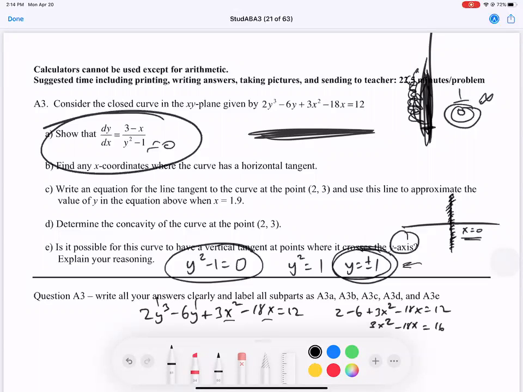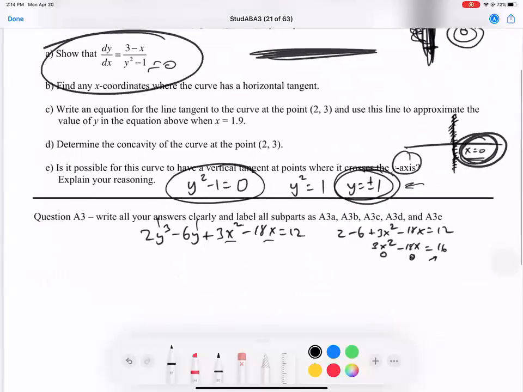Okay. And if I put x as 0, remember, we want x to be 0. If I put 0 here, does the answer become 16? No, doesn't look like it. If I try the other version, negative 1, this becomes negative 2 plus 6, because those are negative, plus 3x squared minus 18x equals 12.